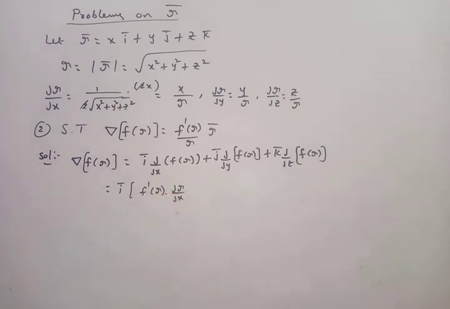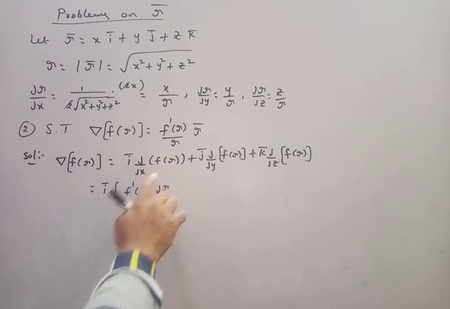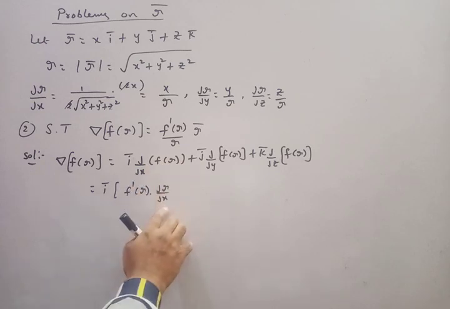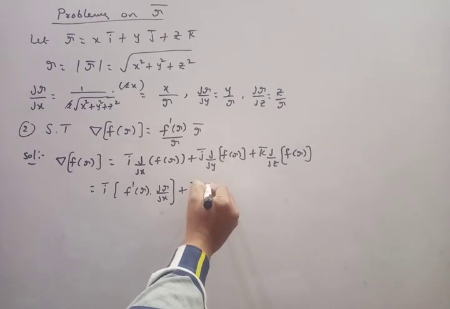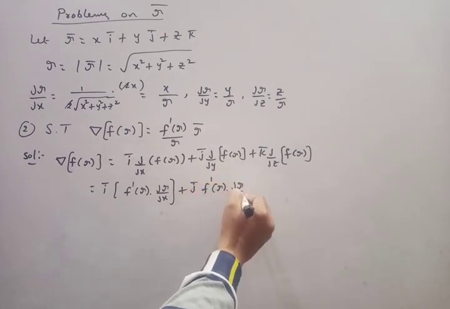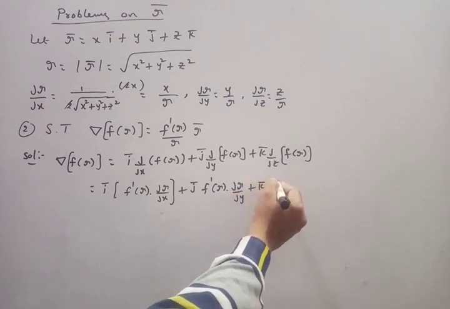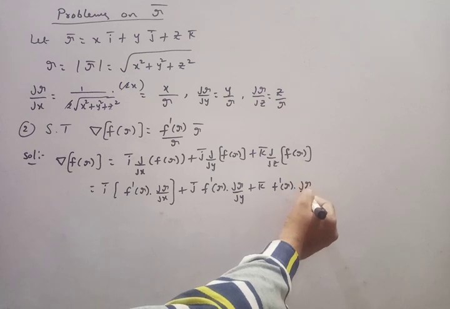Very, very important here: you have to differentiate with respect to x, y, z, and you have to do chain rule differentiation. So f of r will give f dash of r, again r differentiation dou r by dou x. Clear? Plus j bar with respect to y, f dash of r into dou r by dou y, plus k bar f dash of r into dou r by dou z.